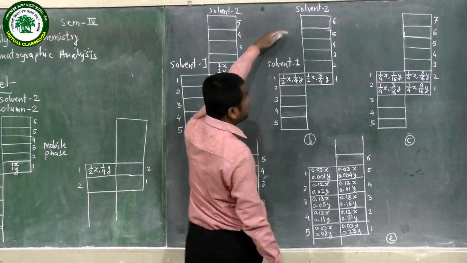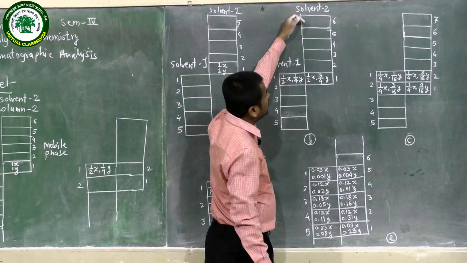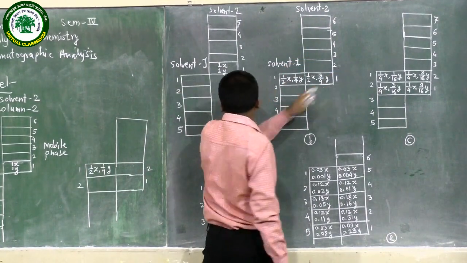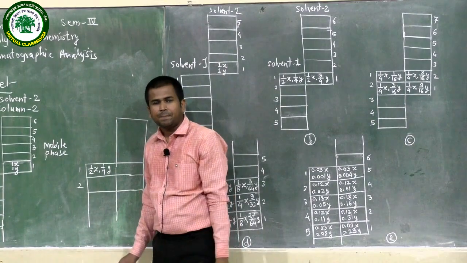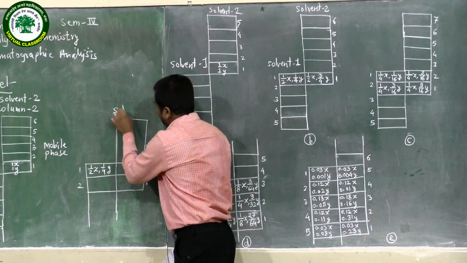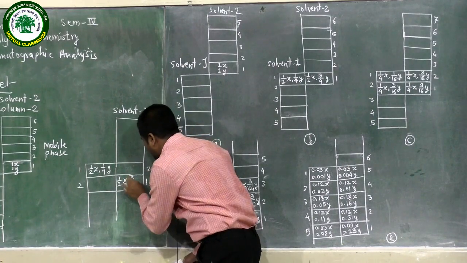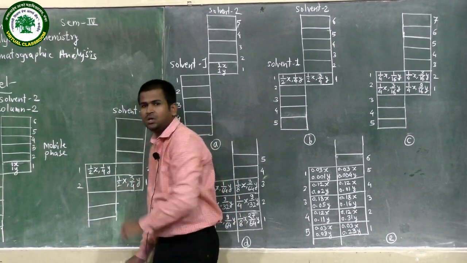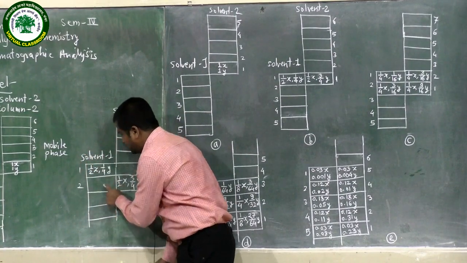Now when we put one box of solvent 2 over column 2 and push it down by 1 unit, the box number 2, which is a fresh layer, comes in front of the box number 1 of solvent 1, and the box number 1 of solvent 2, having the distribution 1/2 x and 3/4 y, comes in front of the box number 2 of solvent 1, which is a fresh layer.